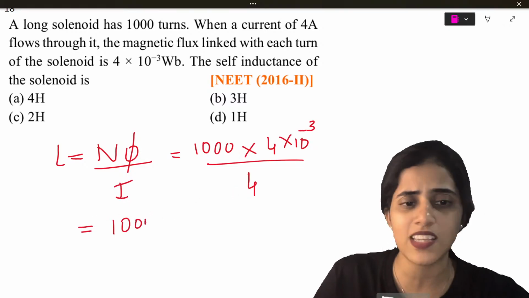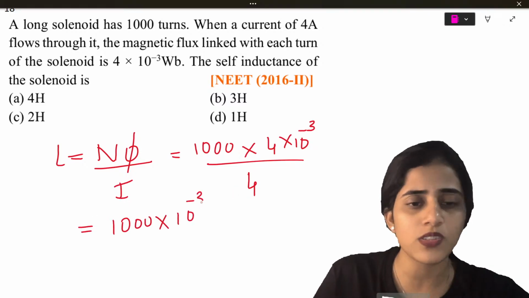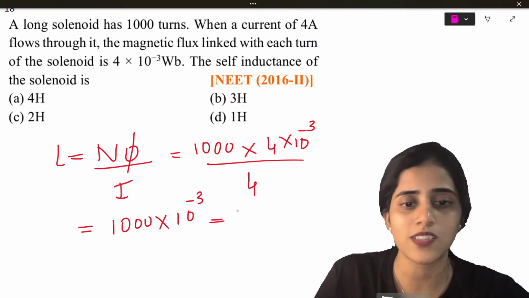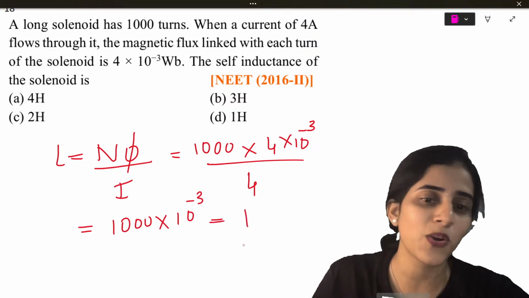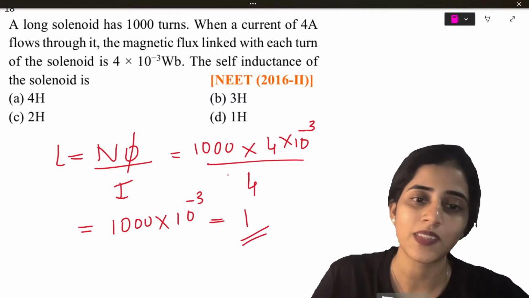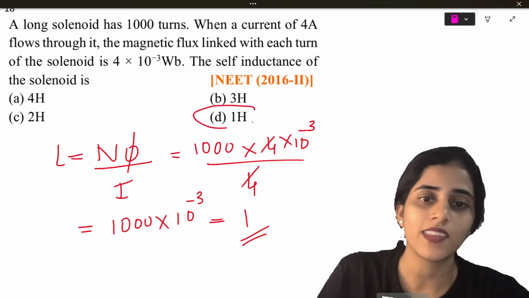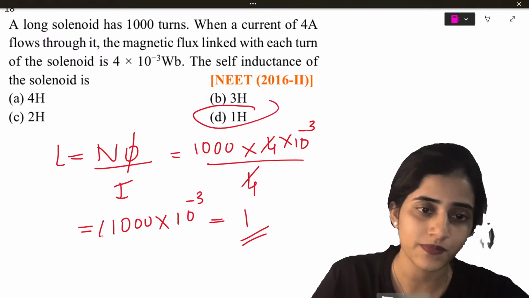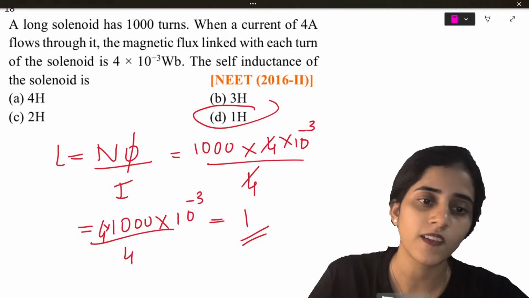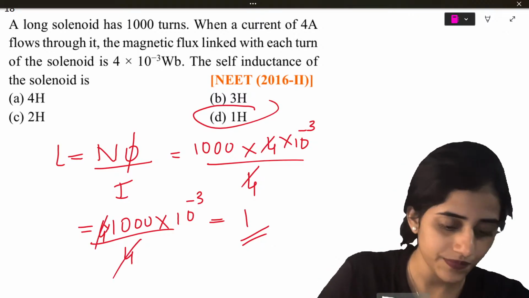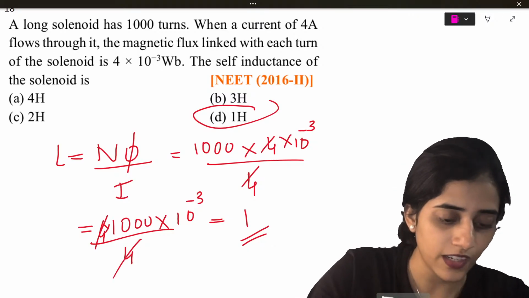Very easy math. 1000 into 10 raised to minus 3 is just 1. 4 and 4 cancel, you will just get 1. The answer is 1 Henry. Okay, superb. Are you all getting the answer?